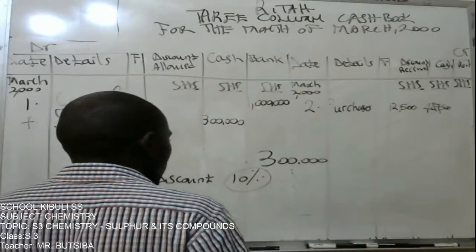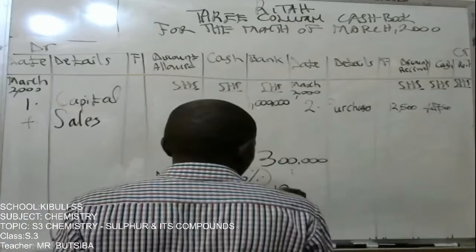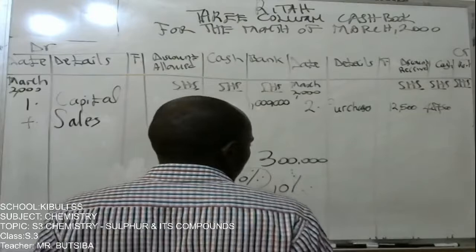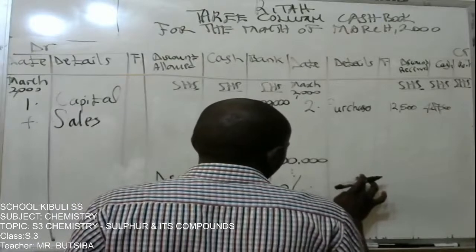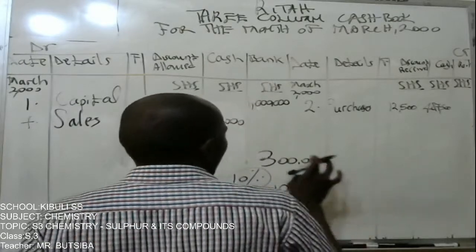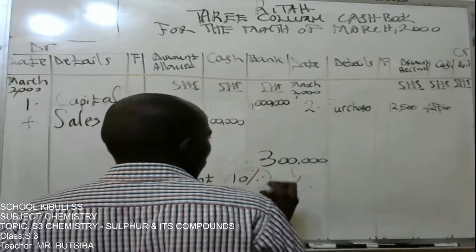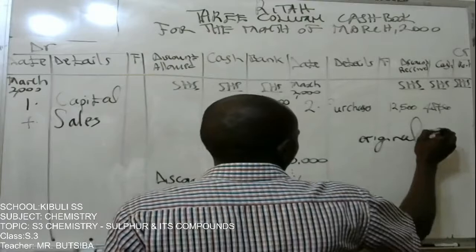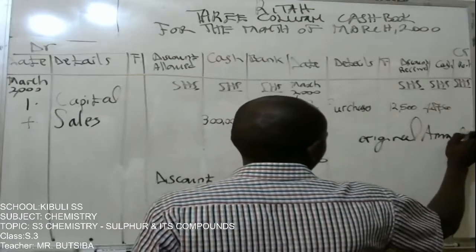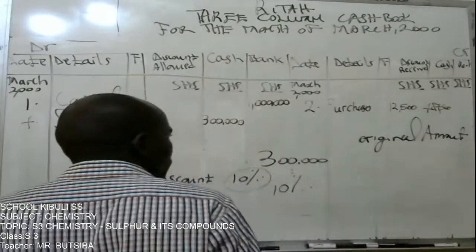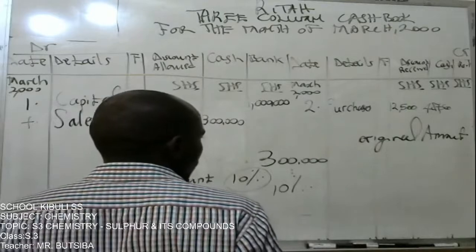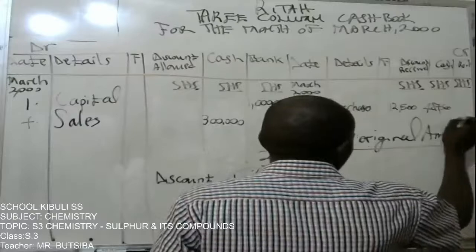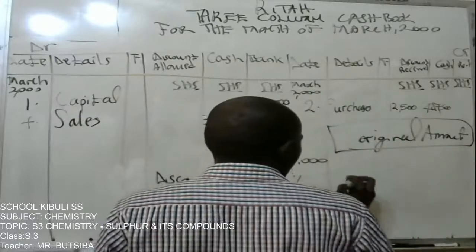If we have 10% as our discount allowed, and then someone ends up paying us 300,000, then what was the original amount? So you are going to use your mathematics to identify the original amount.